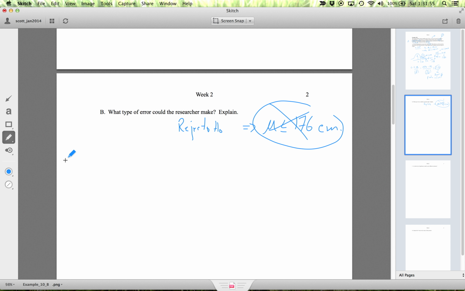Our test could lead us to believe H naught or to not believe H naught. That's our test. And then we have the truth. The truth could be that H naught is correct or that H naught is not correct.